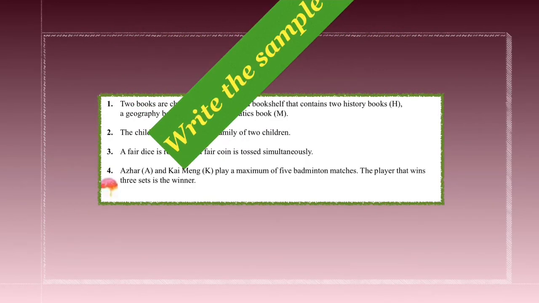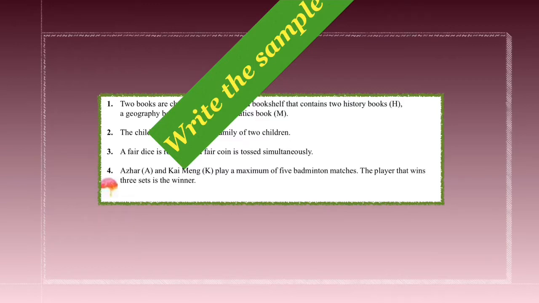Okay, let's discuss another example. Write the sample spaces for the combined events below. Number 1, 2 books are chosen at random from a bookshelf that contains 2 history books, a geography book, and a mathematics book. Number 2, the children's gender for a family of 2 children.